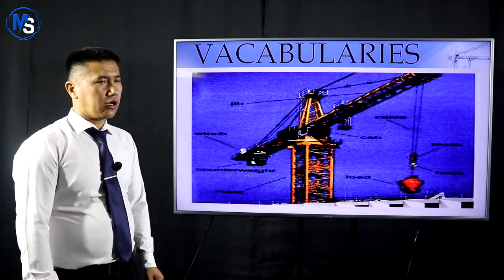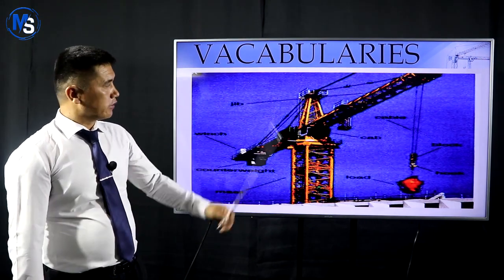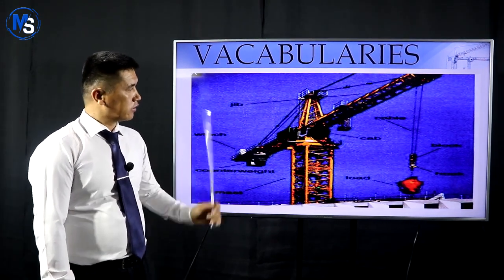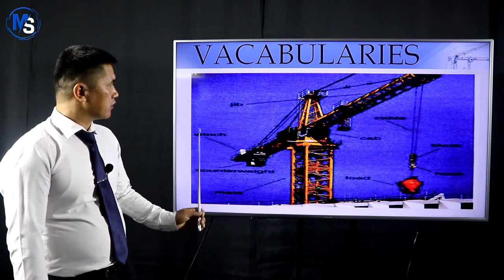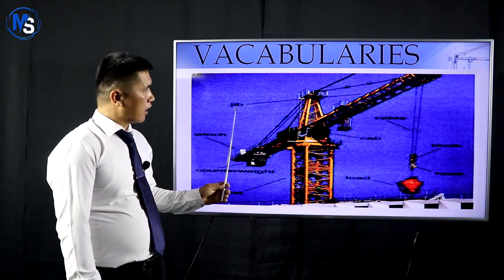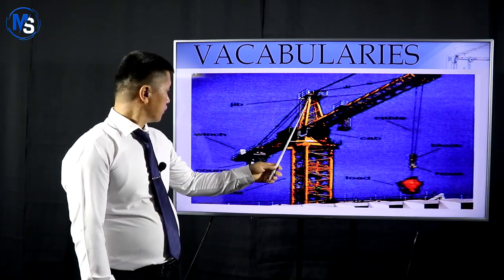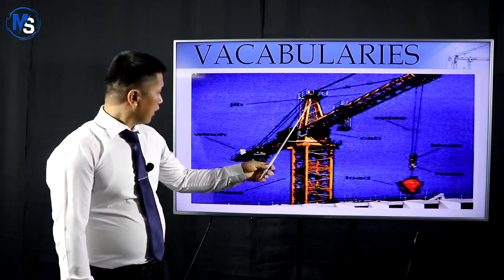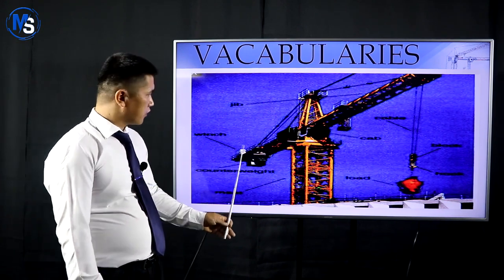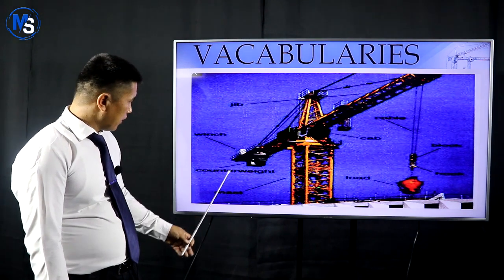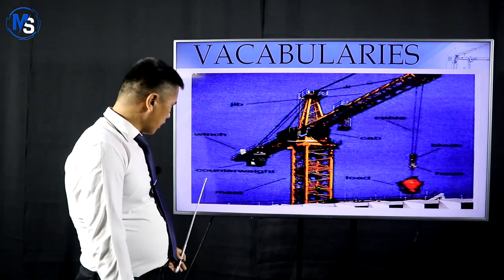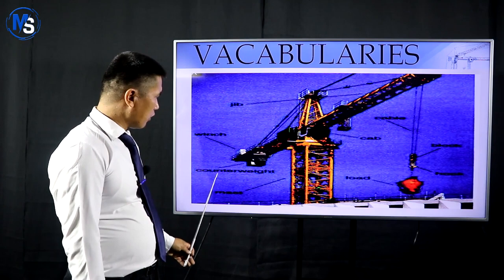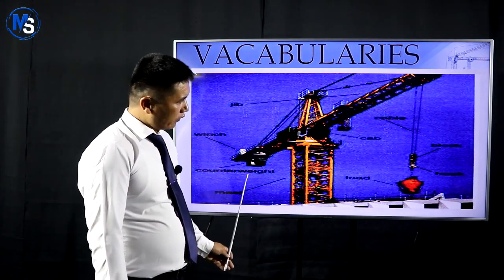Right now, I'm going to teach the vocabulary about the crane parts, and this is the jib, and you see. And the next one is a winch, this winch plate, and the next one is the counterweight.